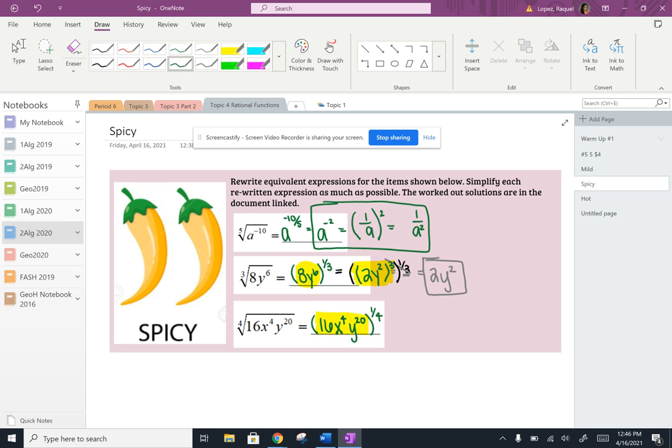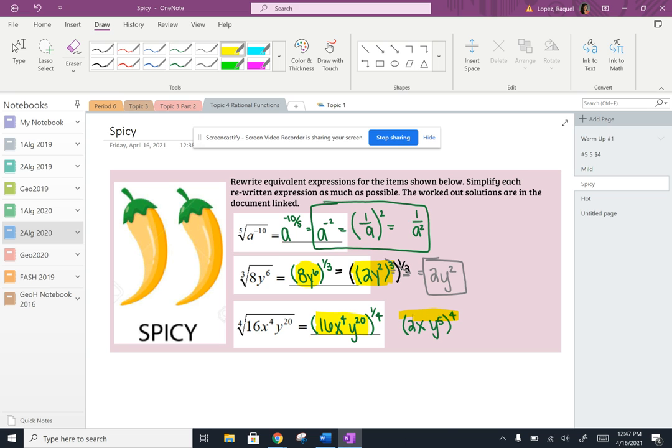So I'm going to open up another set of parentheses. I know 2 to the 4th power is going to give me 16, so I'm going to put 2 here. X to the 4th is going to give me that x to the 4th there. And then 20 divided by 4 is 5, so I'm going to write y to the 5th. Now I'm going to raise this whole base to the power of 4.